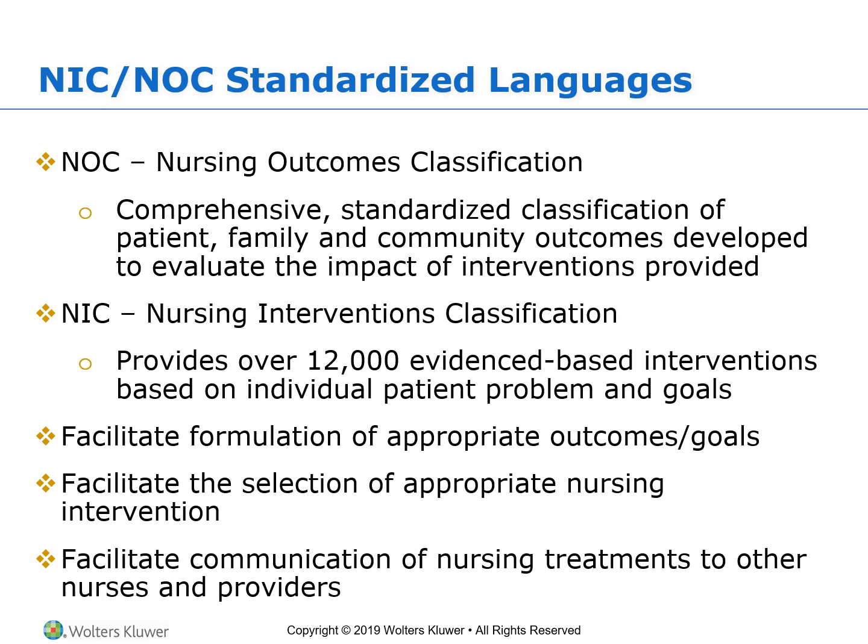All right, the NIC provides over 12,000 evidence-based interventions. It's based on individual patient problems and goals. And it can help us facilitate formulation of appropriate outcomes and goals. It facilitates selection of appropriate nursing interventions and helps facilitate communication of nursing treatments to other nurses and providers.